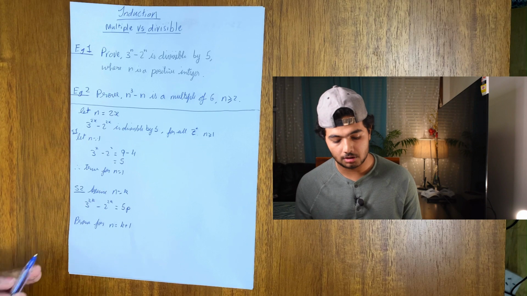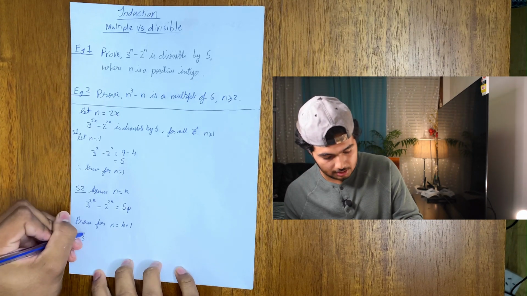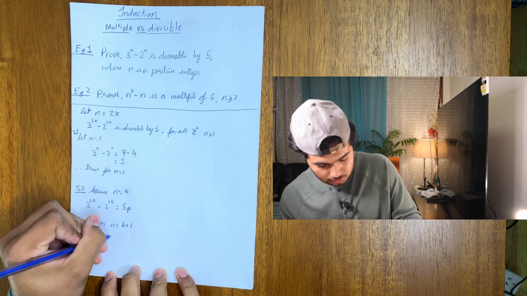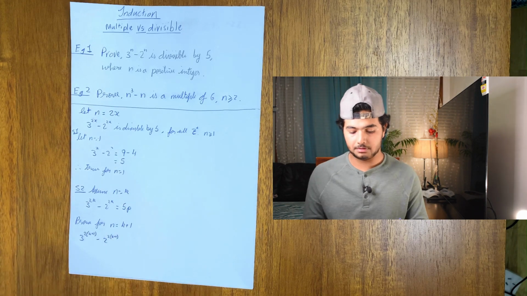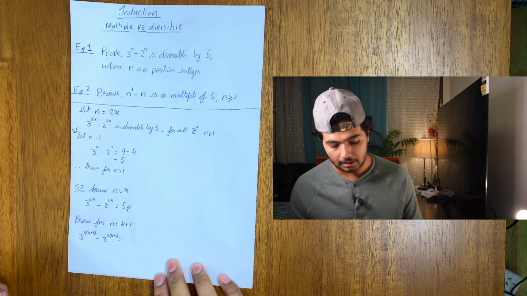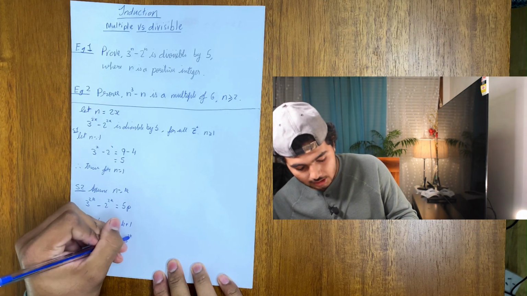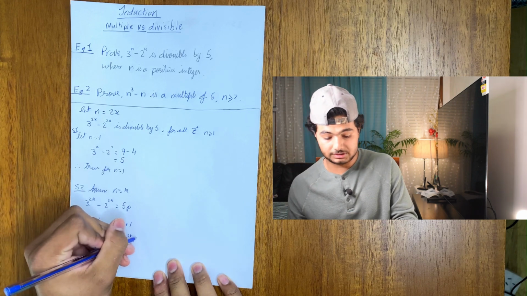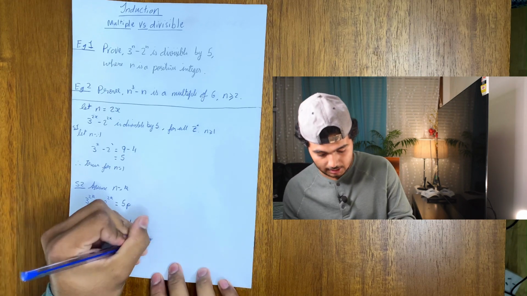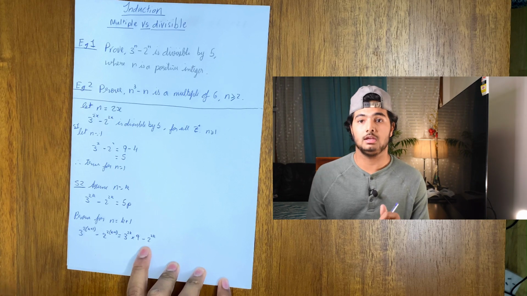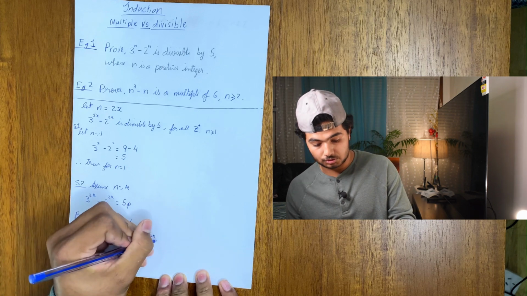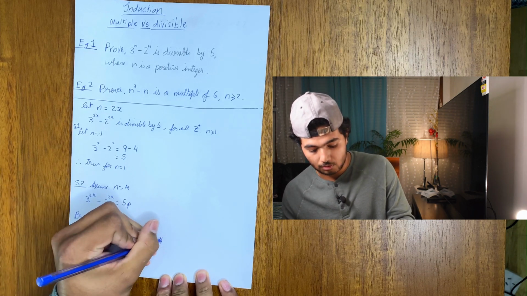Proof for n equals k plus 1, we'll write this down as 3 to the 2(k plus 1) minus 2 to the 2(k plus 1). Further simplifying, we get 3 to the 2k multiplied by 3 squared, which is 9, minus 2 to the 2k multiplied by 2 squared, which is 4.